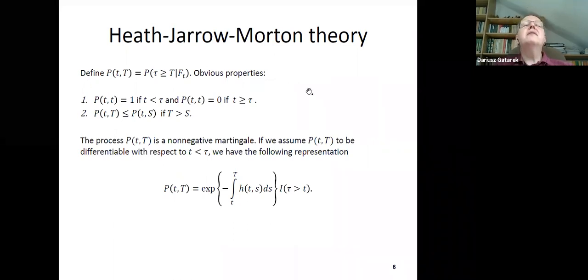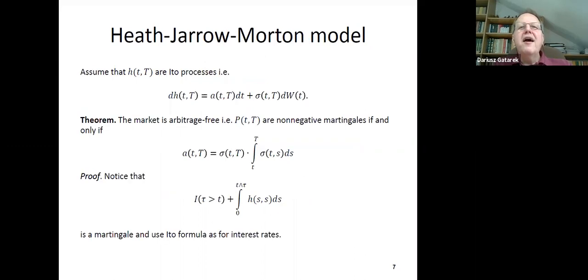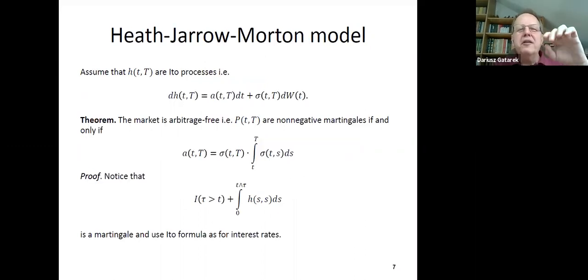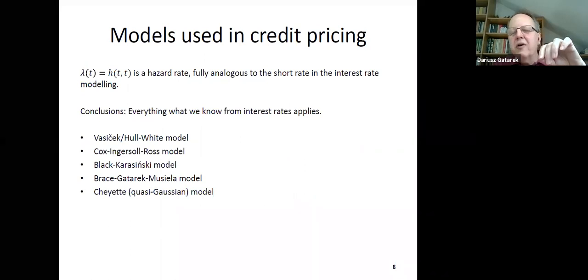So when default probabilities are correlated with interest rates, when hazard rates are correlated with interest rates, all formulas look slightly different. So the correlation should be incorporated in the models. And that lie was not that cruel because nobody does it in practice.